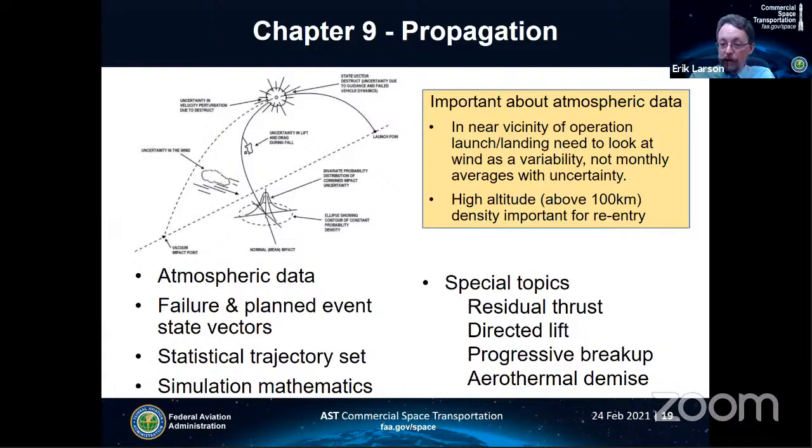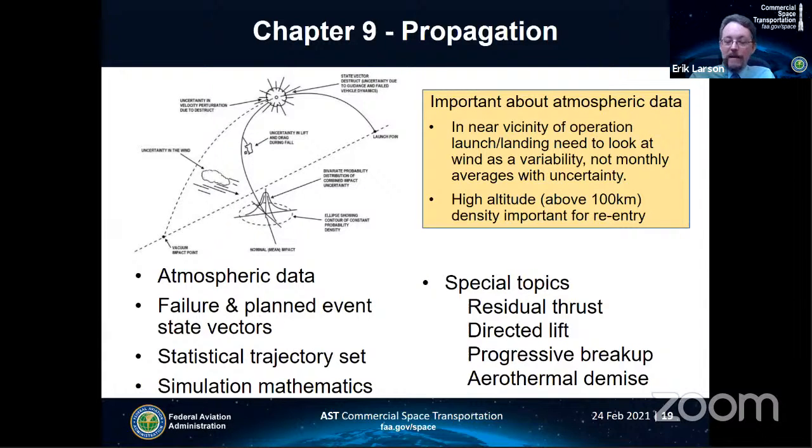There's also some particular special topics that don't apply in every situation, but in some, such as residual thrust. When you have an event, a failure or partial breakup, you may still have residual thrust in some motors. Some vehicles will still have directed lift, so a random lift model is not appropriate. How do you handle that? There can be progressive breakup.